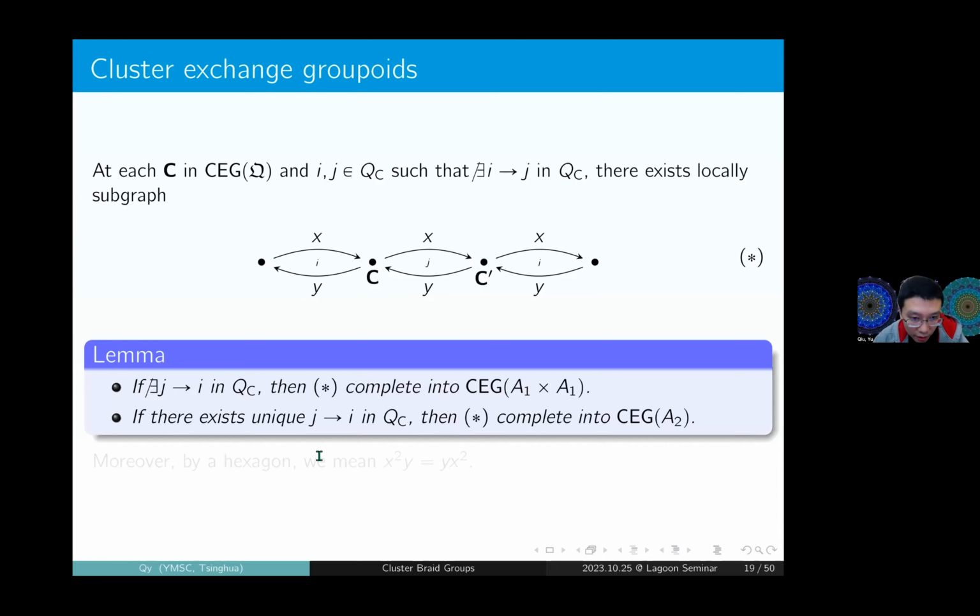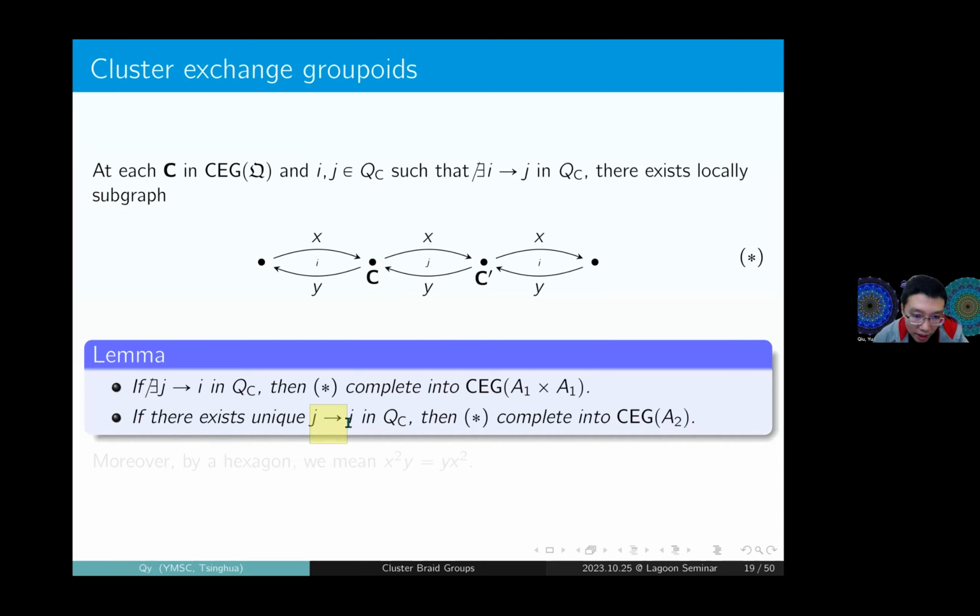It's very easy to see that if there's no arrow from J to I, then mutation at I and mutation at J commute, and you can complete this local graph to a doubled square. So that's basically the A1 times A1 case.